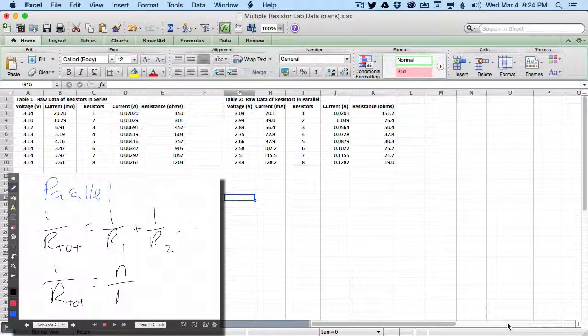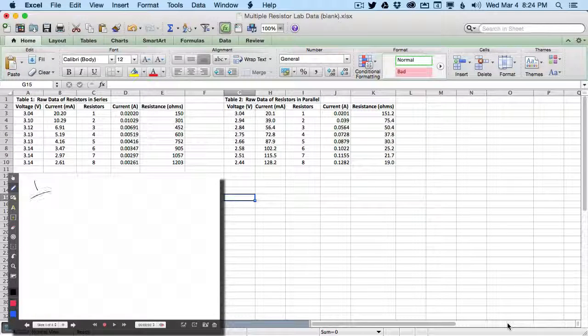So I'm going to do a couple things. First, we'll go to a new slide here. We write it up here: 1 over R total equals N over R. I want to get that total resistance out of the denominator, so I'm going to raise both sides to the -1.